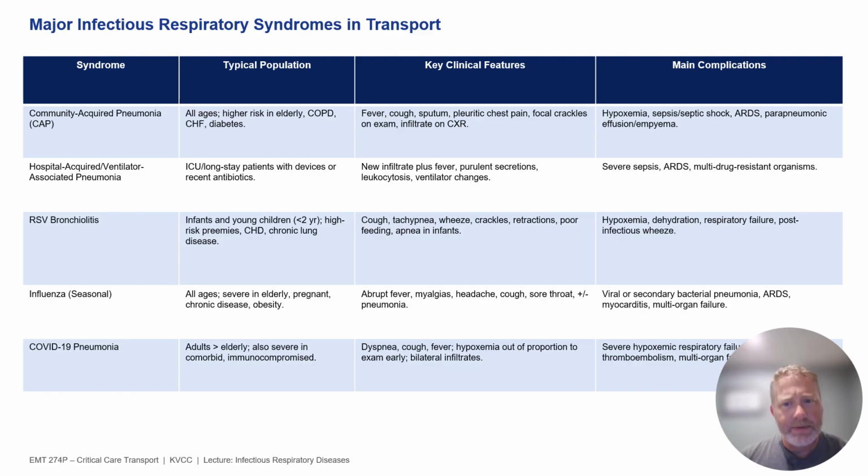And the overlap cases, secondary bacterial pneumonia superimposed on viral illness, those often represent the highest acuity presentations that you'll transport. So take a look at this and just be able to differentially diagnose each one based on these three key clinical findings.